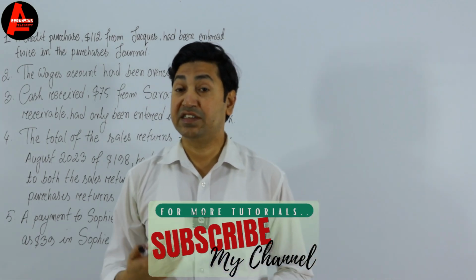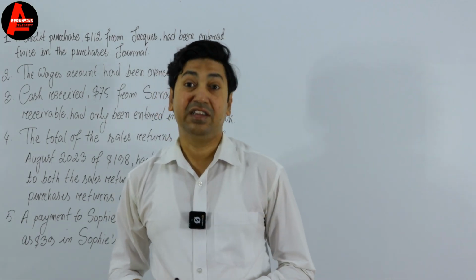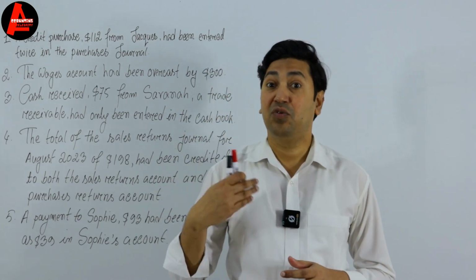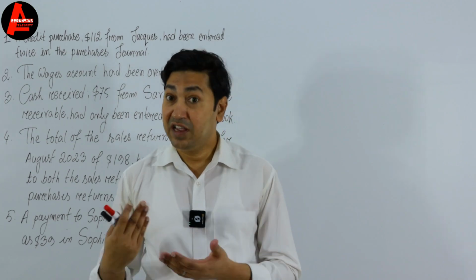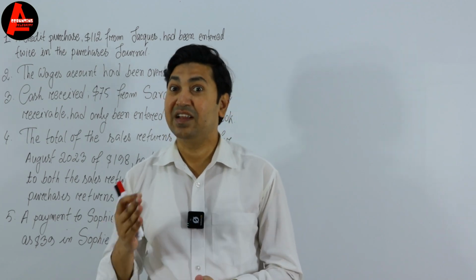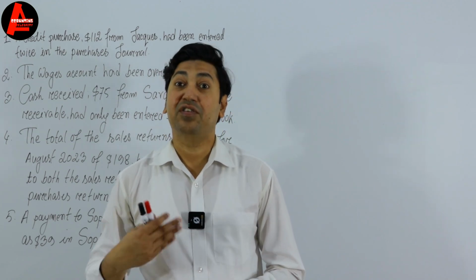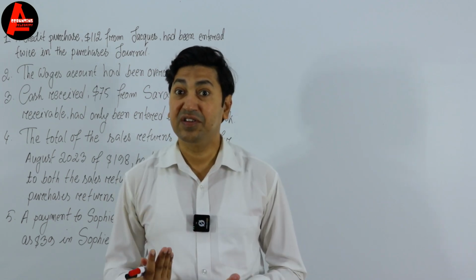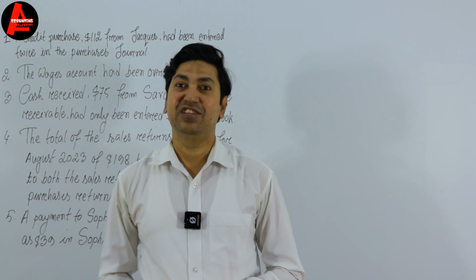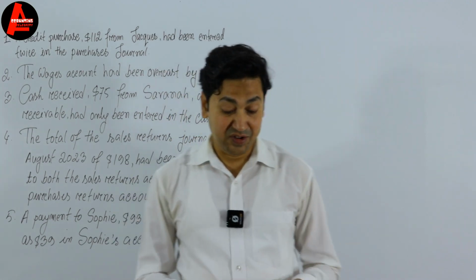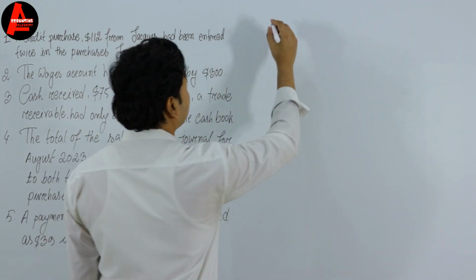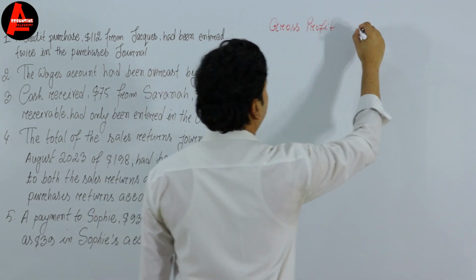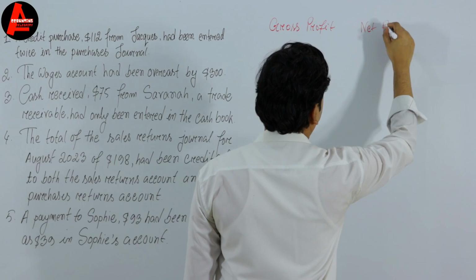So expenses recorded twice means expenses had been increased. So when expense increases, gross profit decreases, yeah? When gross profit decreases, net profit will also decrease. So now here we will write gross profit. Here we will write net profit.